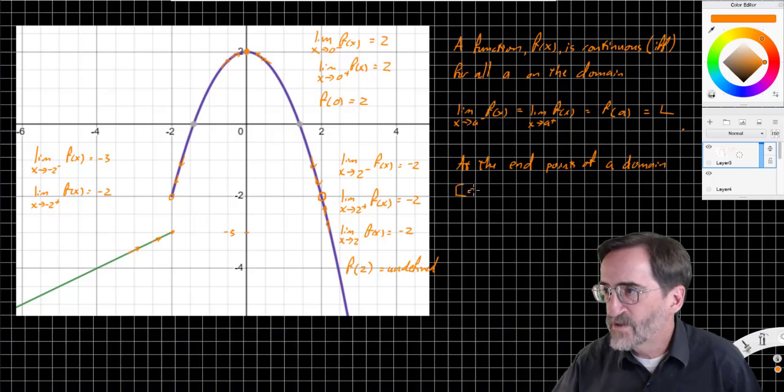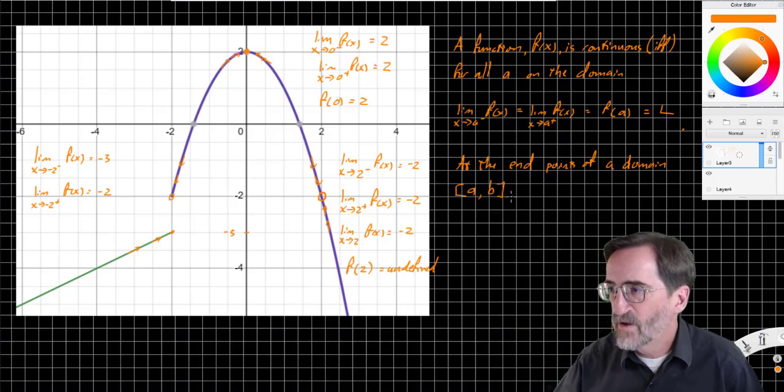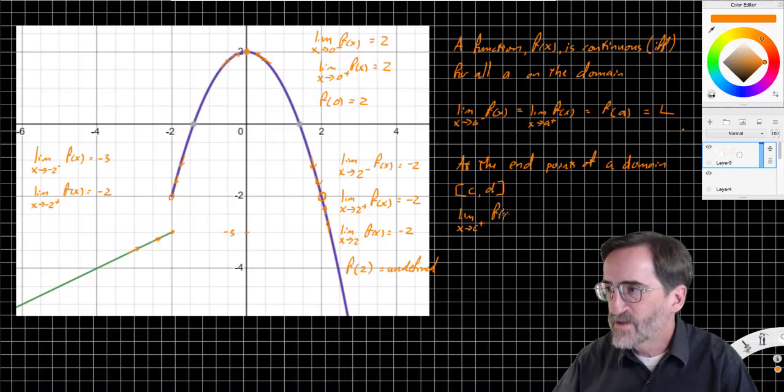We'll define the boundaries as A and B. Actually, now I've already used A, so let's do this: C and D. The limit as x approaches C from the right of f of x agrees with, actually, just the function value f of C equals some limit.